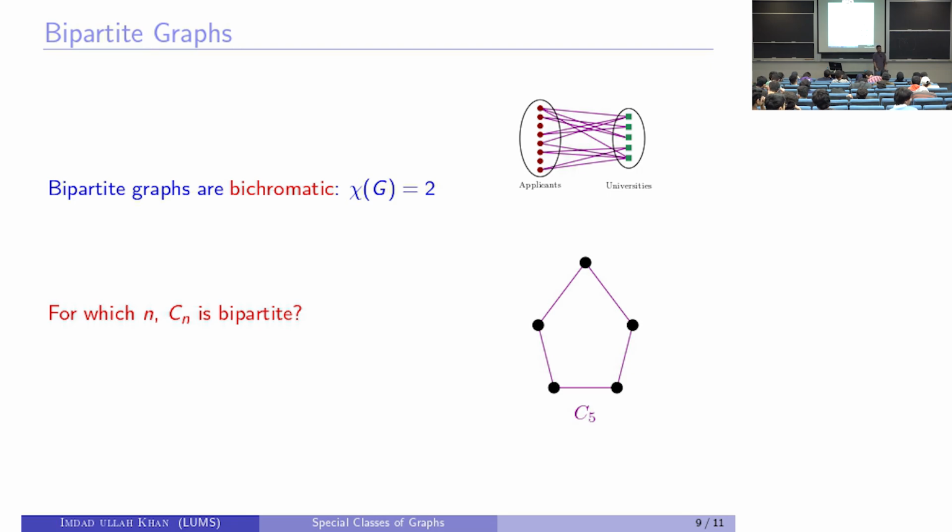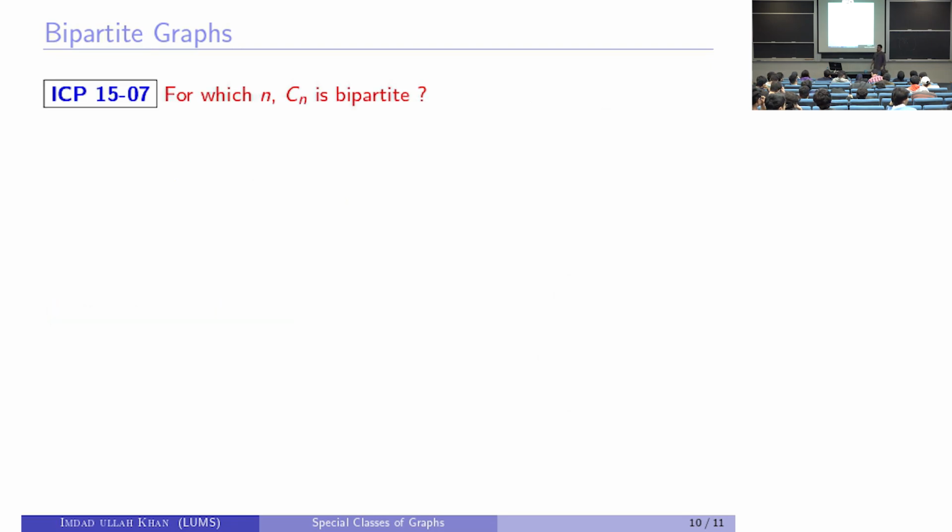But when Cn is odd, this is the primary statement of bipartite graphs. The basic characterization of bipartite graphs is that if a cycle is on an odd number of vertices, then you cannot color it with two colors. You need at least 3 colors, right? Actually, you need exactly 3 colors, because you can just color alternately, and then the last or the second last vertex you color with a third color, blue, right?